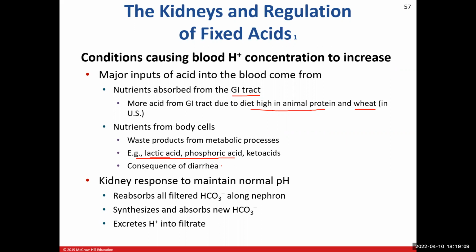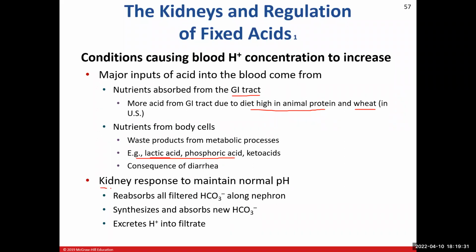Unfortunately, there's a lot to worry about when you have food poisoning, but certain types of food poisoning can cause vomiting, but they can also cause diarrhea. Certain viruses can cause diarrhea. And so that is one of the other things that we'll see. When you have diarrhea, that can also cause an increase in our blood hydrogen ion concentration.